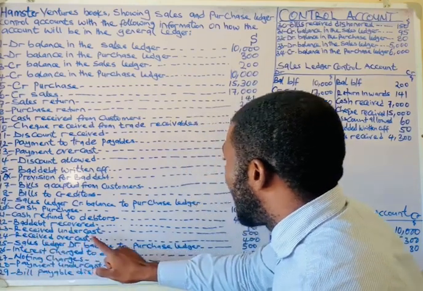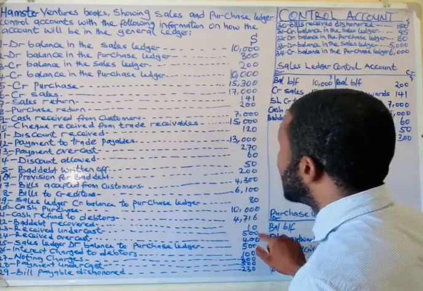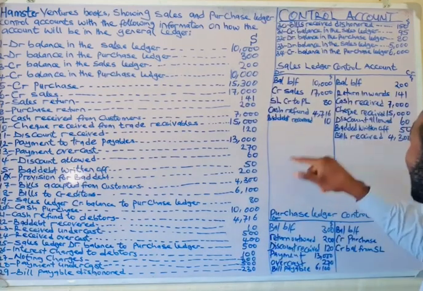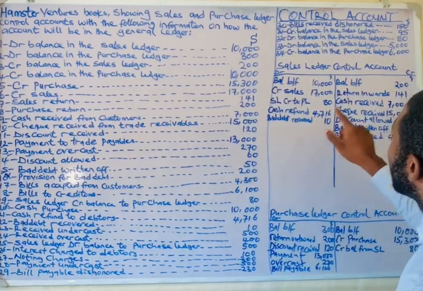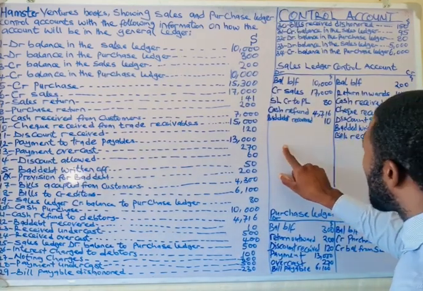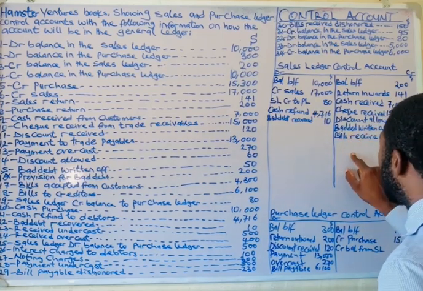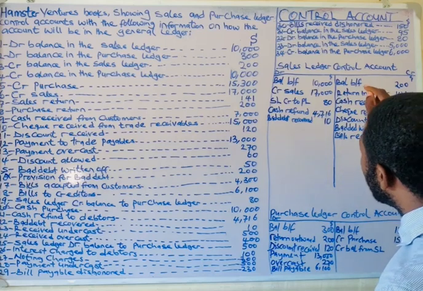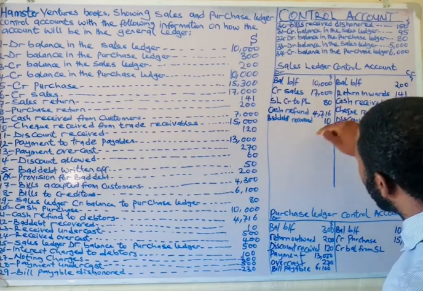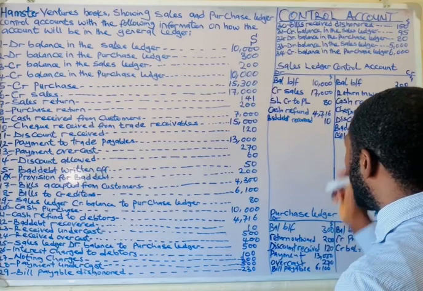Received undercast. We received undercast, so we're going to add it. We have received and it was an error. Instead of us to receive 50, we received 20. So the remaining 30, if identified, we'll come and add it to complete the amount that we're supposed to receive.